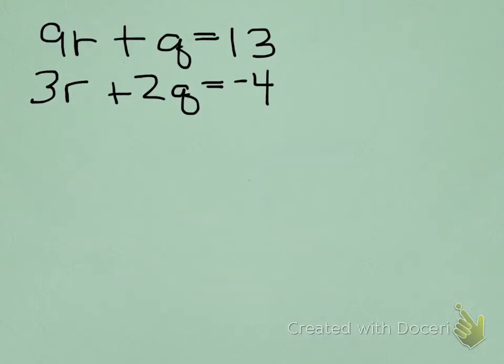Here's another one. Again, you choose which variable you want to make the same. So you multiply by, let's say we can choose to make them both 2q. So we're going to multiply the top one by 2. And I rewrite it.